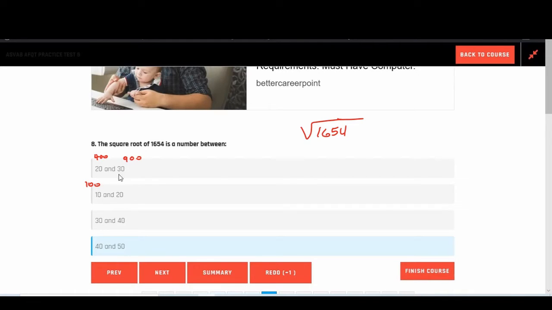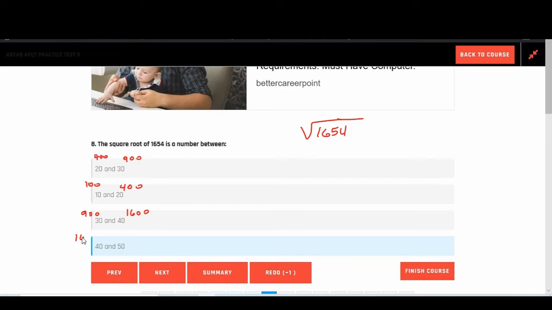The square of 20, as I just said, is 400. The square of 30 is 900. The square of 40 is 1600. Again, 4 squared is 16. Therefore, the square of 40 is 1600.